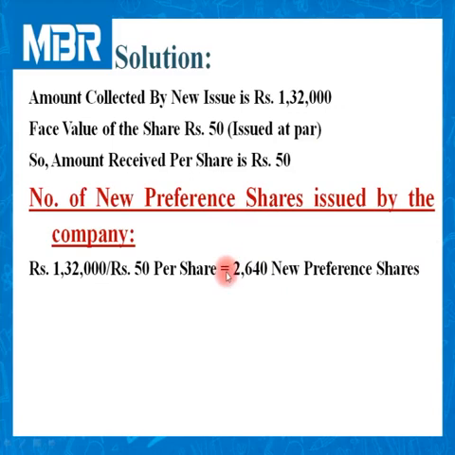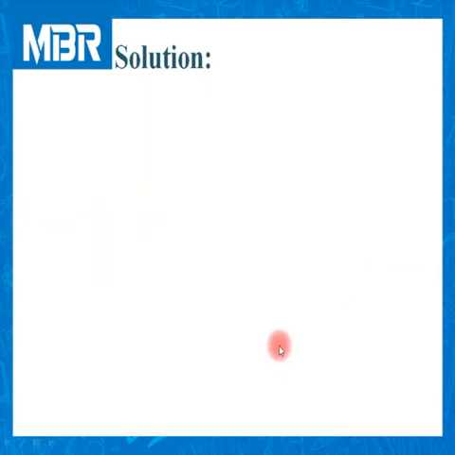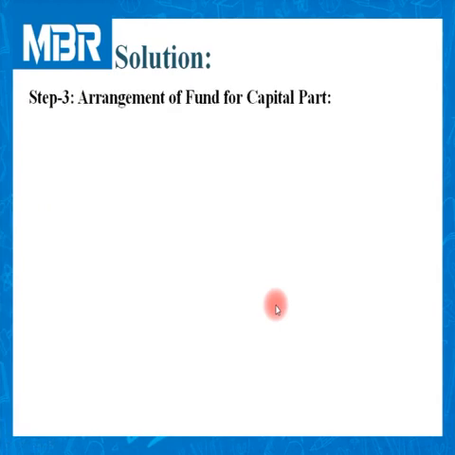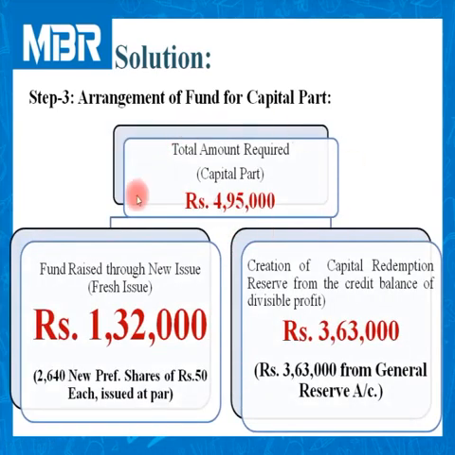This number of shares is highly important to us to wind up our calculation. Without calculating this number, it is not possible for us to adjust the amount of capital part. Now we can complete adjustment of fund for capital part using the figures. As we all know, we need capital part for rupees 4,95,000, 1,65,000 for type 1 and 3,30,000 for type B or type 2.